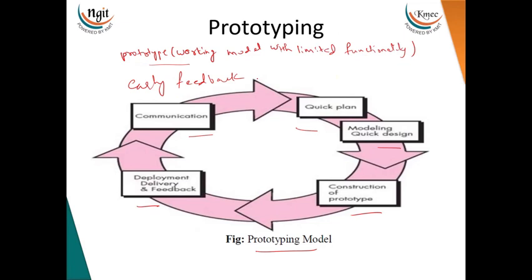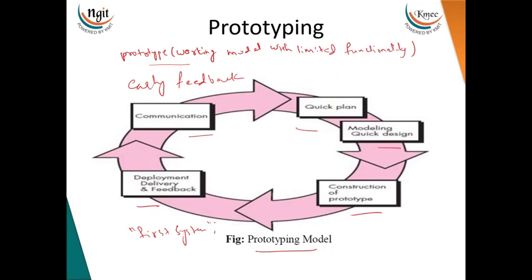Clear? So what is the importance of the prototyping model? When we build a prototype, it serves as a kind of first system. What is this first system? It is where users get a feel of the actual system, and developers also get to build something immediately.